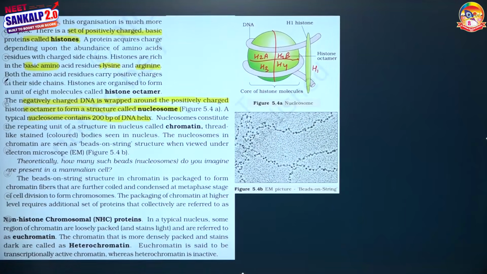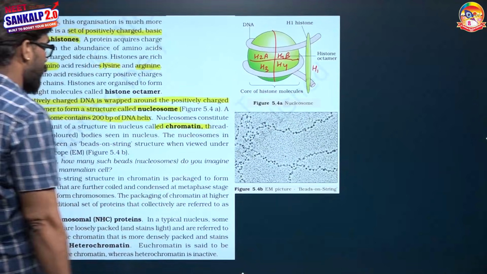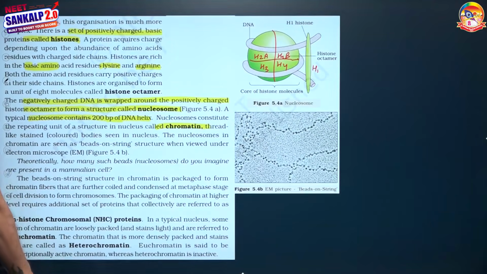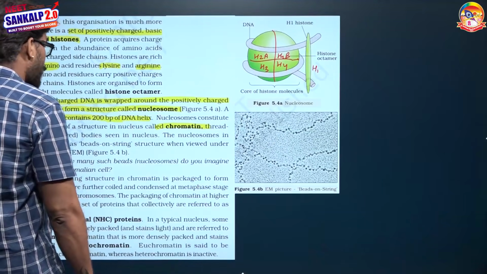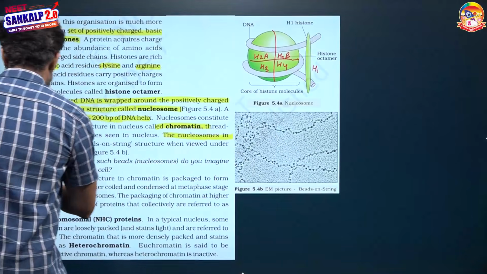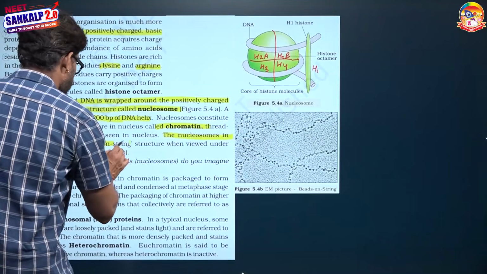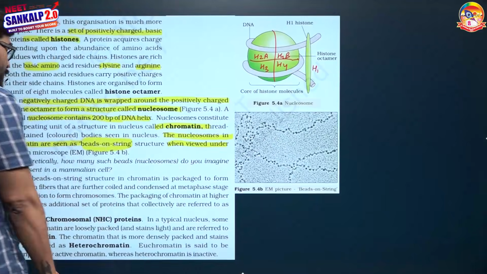Nucleosomes constitute the repeating units of a structure called chromatin, a thread-like structure in which bodies are seen. Very important, the nucleosomes in the chromatin are seen in a beads on string structure when viewed under the electron microscope.